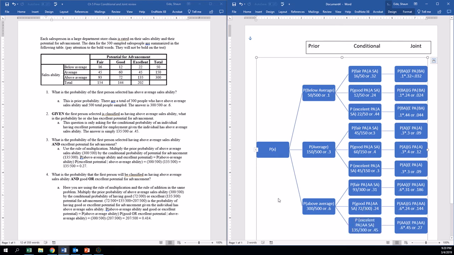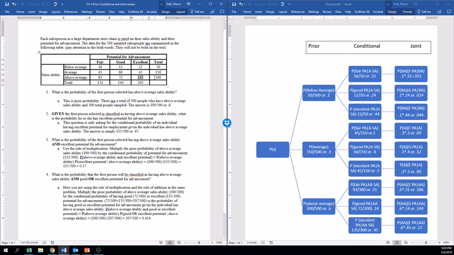Well, let's take a look right here. You have fair potential for advancement, good potential for advancement, and excellent potential for advancement. So out of these 300 people, the probability of having excellent potential for advancement is 135 out of 300, or if you divide that, it's going to be 0.45.